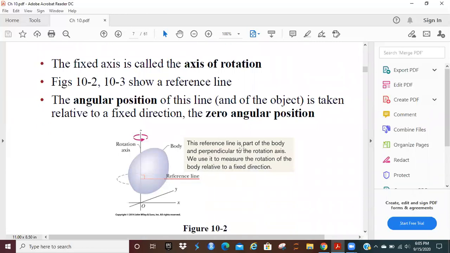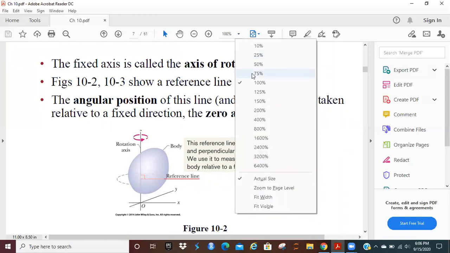We've got a reference line here, and it's part of the body, and it's perpendicular to the rotation axis. And you're going to use that to measure the rotation of the body relative to a fixed direction. So you've got the axis around which it rotates, you've got the body, and then you've got the reference line. This reference line is going to tell you more about the angles through which it rotates.